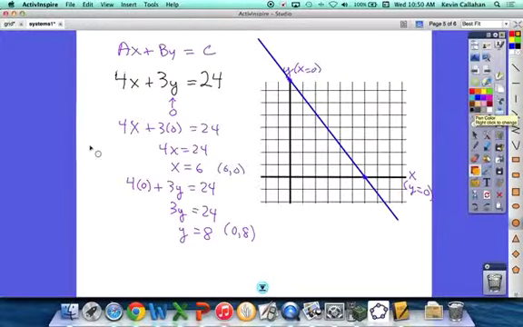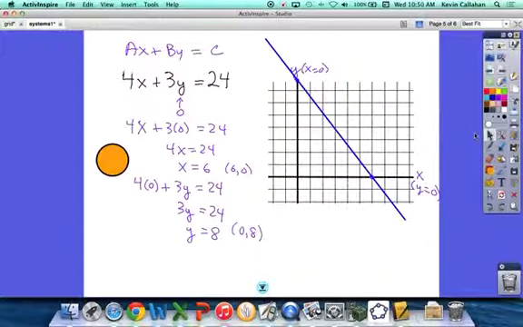When you have the standard form of a line, just cover up the 3y with your finger, right? And then what's left? 4x equals 24. So very quickly, you see x is 6. To find the y-intercept, cover up the 4x. 3y equals 24, y equals 8, right?